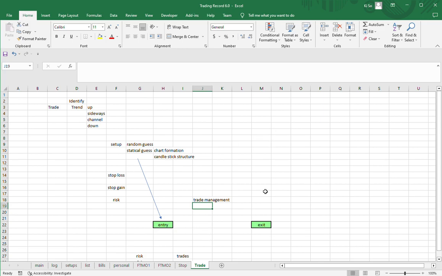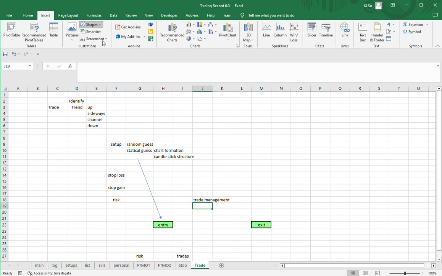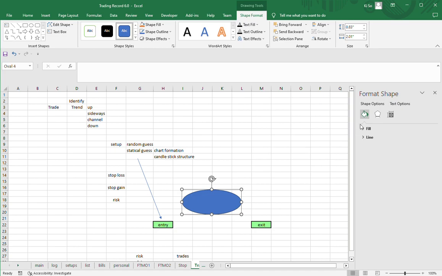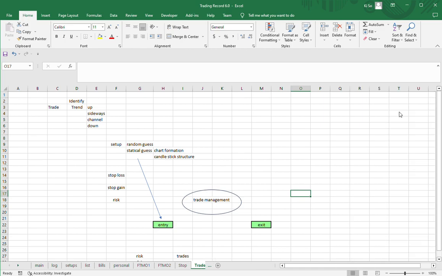So once these things are implemented, then after a bit of time, I can go ahead and enter a position where I can exit the trade.